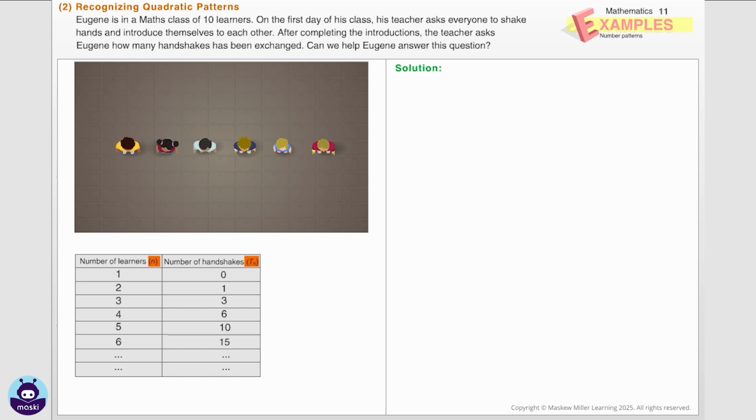If there are n learners in the class, the number of handshakes is Tn. Can you recognize a pattern in the number of handshakes?